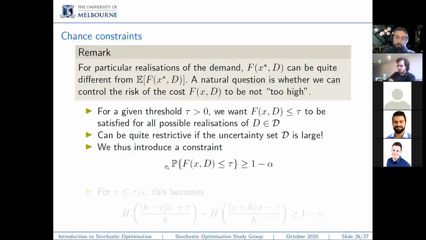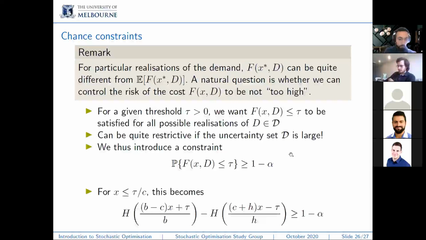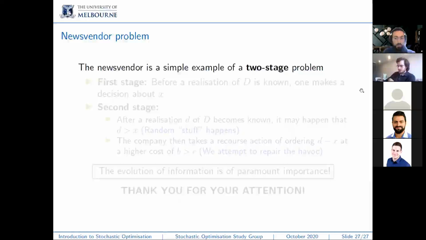So you want, hopefully with high probability, that the cost is upper bounded by tau. And for this particular problem, you can write this probability constraint, or chance constraint, with respect to the CDF, so it's more amenable to analysis. So it's just a quick talk about how these constraints come from different problems, and you can write them differently.